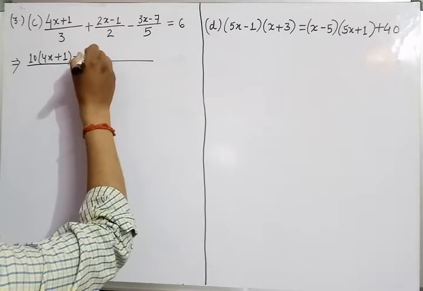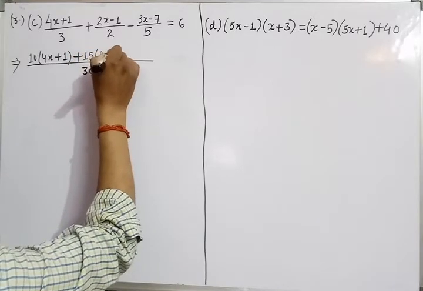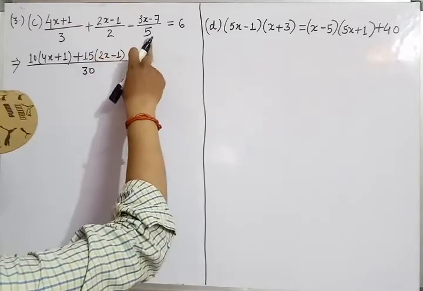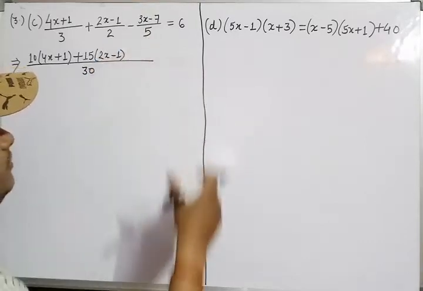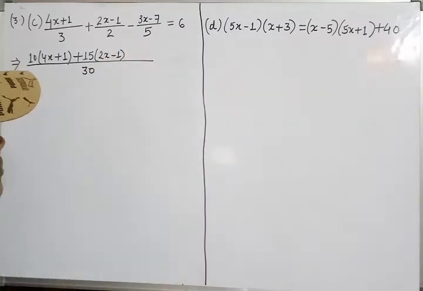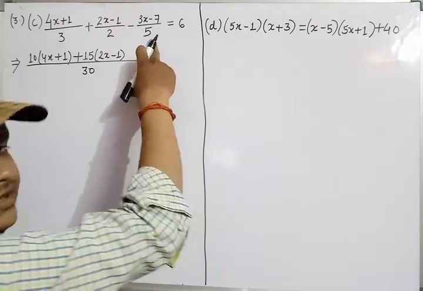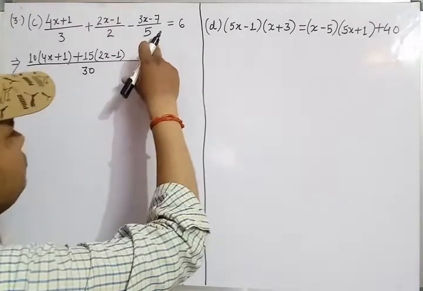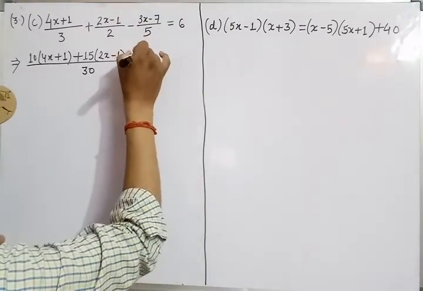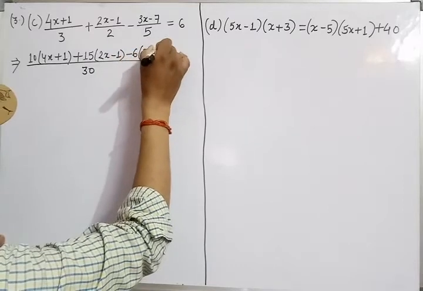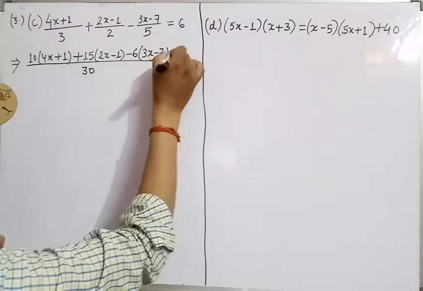So here again we have to write 15 into 2x minus 1, and after checking where is the incorrect term, here we have to multiply by 6, not 12. So we can write 6 into 3x minus 7 because 6 5s are 30.